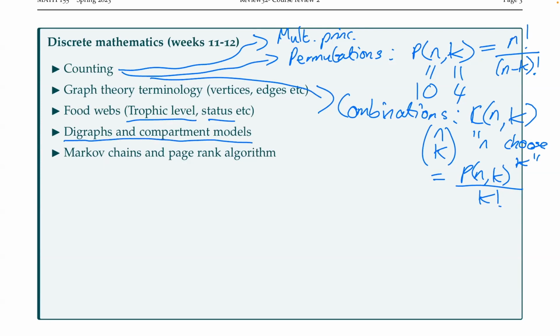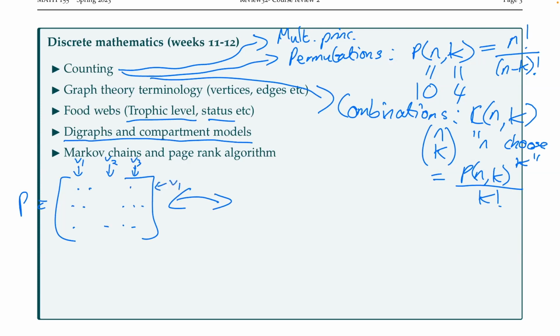So there we should be able to move back and forth between a transition matrix, which was P, and some entries in here. And if we think of the rows and columns of P as being vertices, say V1, V2, V3, then you can construct a digraph, or you can go from a digraph to a transition matrix.